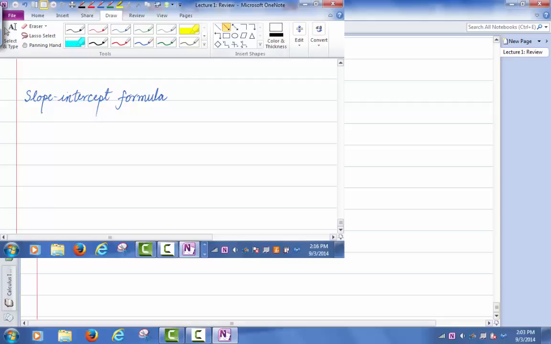Well, let's say again I have my xy plane, and let's say that I have a straight line, and let's say the straight line intersects the y-axis at height b. Okay, so b is the y-intercept, right?